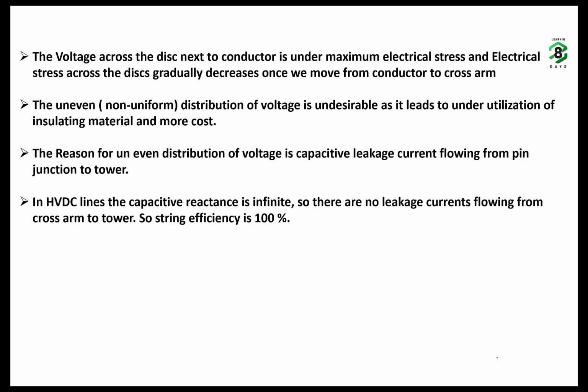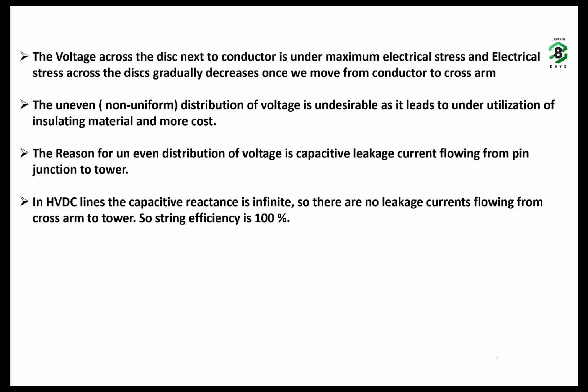Second point, the uneven or non-uniform distribution of voltage is undesirable and it leads to underutilization of insulating material and more cost. The main reason for this uneven distribution of voltage is the leakage currents flowing from the pin junction to the tower.